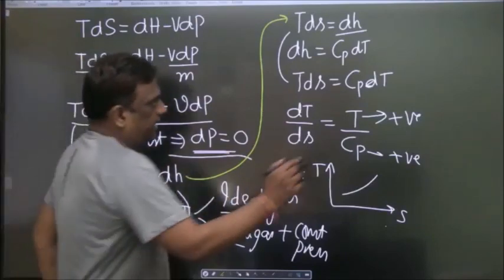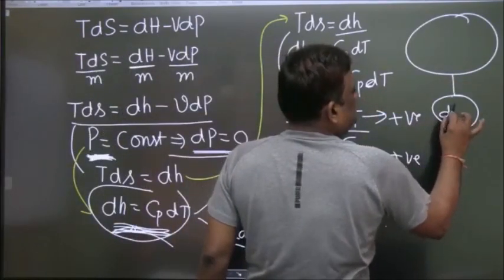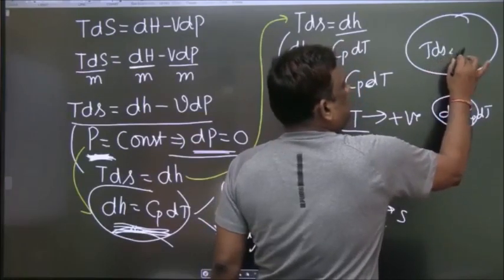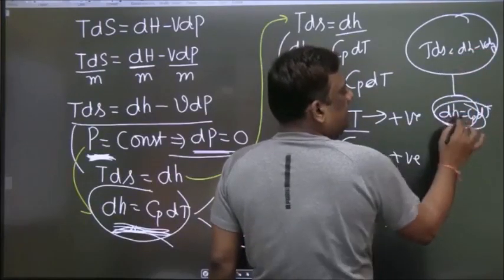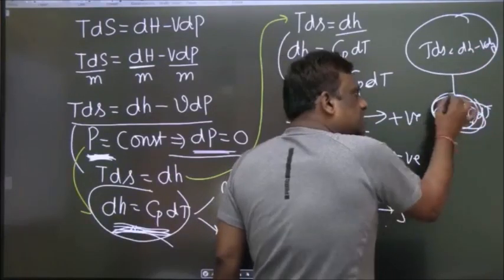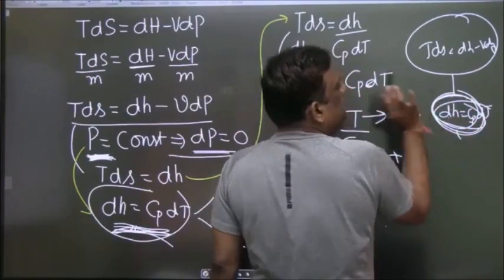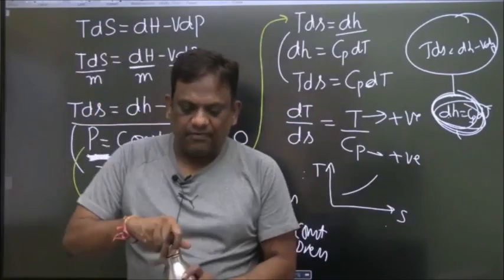See, initially it is for all. TdS is equal to dH minus VdP is for all. But after I took dH is equal to Cp dT, from now onwards it is limited to cases that satisfy this, and I should use it only for those fluids. You cannot use this condition for everything. Taqiyuddin Saab, did you understand? Very good.